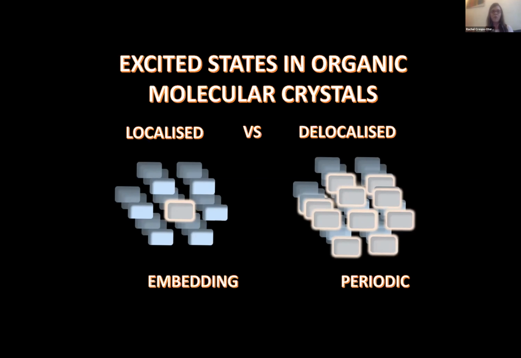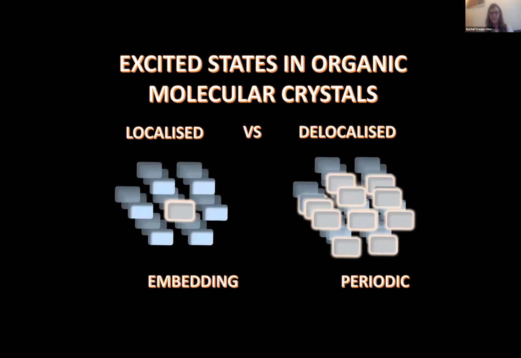Taking this into account, we can think about using either embedding methods, where you consider a central region of your system and the interactions with the environment are described at a lower level of theory, or we can try to describe the whole periodic system using periodic boundary condition methods.